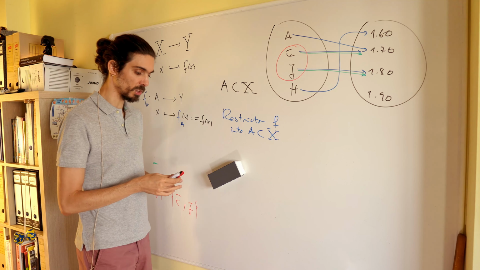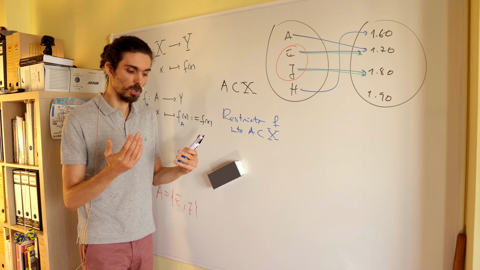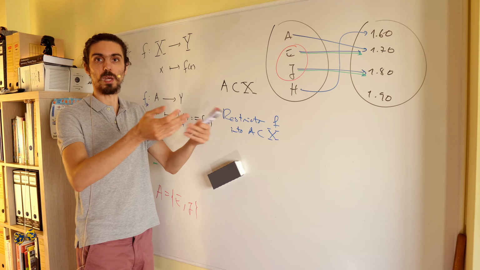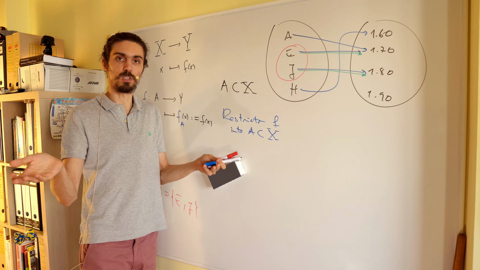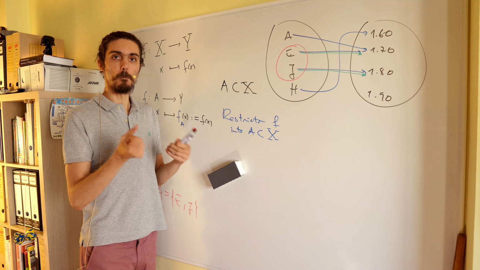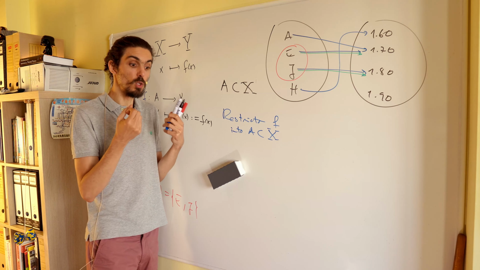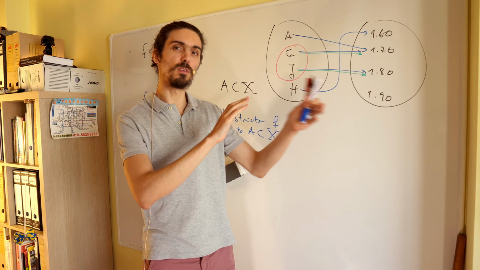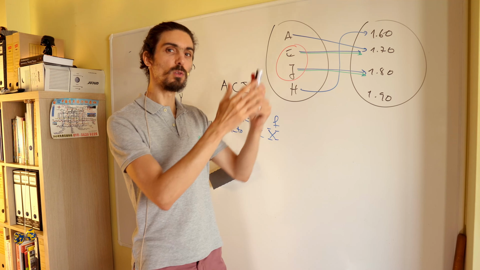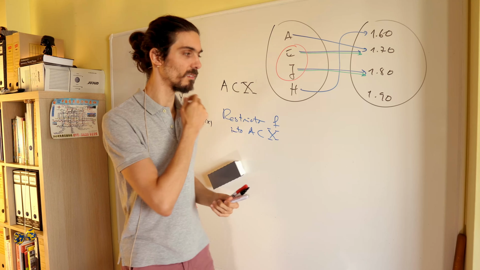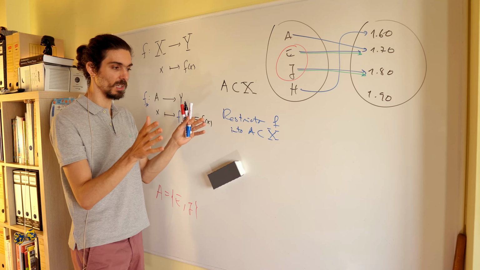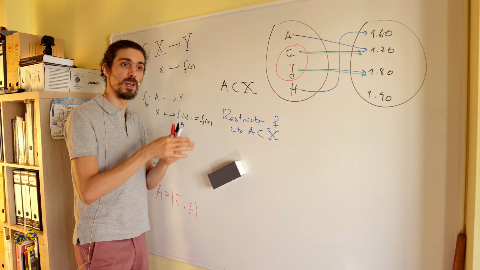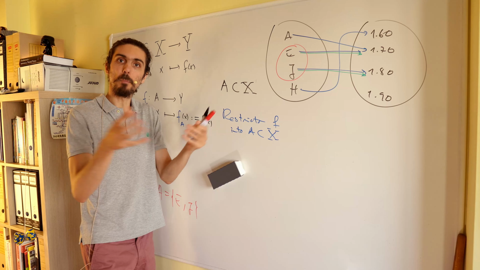Okay? Because you see, previously we already saw that, well, if you have a procedure, you can have many domains. You can have the largest possible domain for that procedure or a smaller one. But now we have something further, a new idea, that when you have the same procedure and two different domains, if one domain is a subset of the other, you have two functions, and you are essentially comparing the two functions.